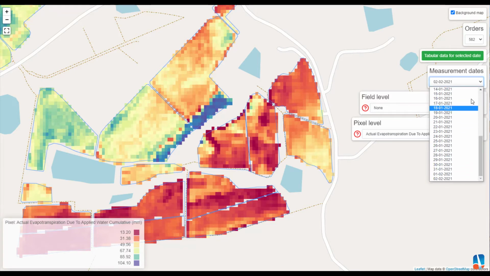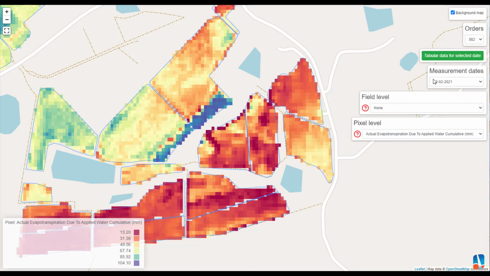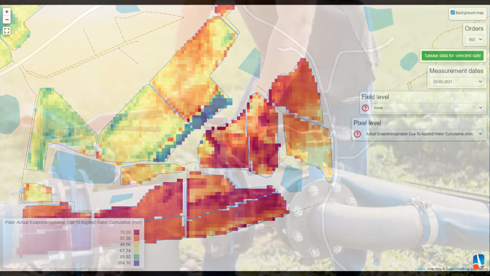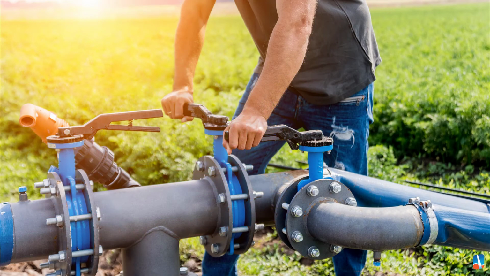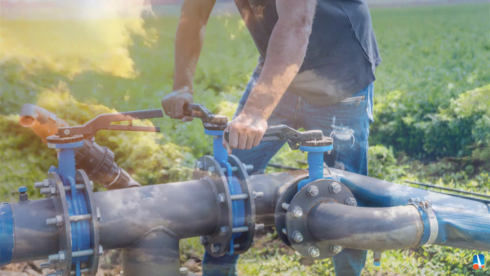For irrigated fields with little rainfall, ET and ET applied water are rather similar. For irrigation systems with more rainfall, ET and ET applied water can be substantially different. As a farmer, you want to irrigate as efficient as possible. Nobody wants to waste water and energy.